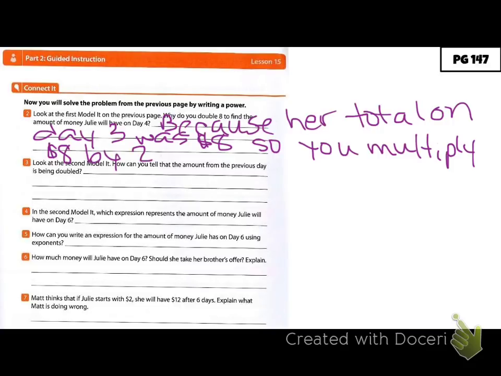Number 3, look at the second model. How can you tell that the amount from the previous day is being doubled? Well, when you double a number, you multiply by 2.